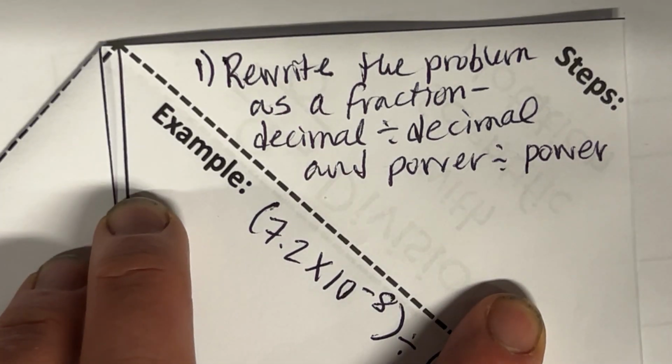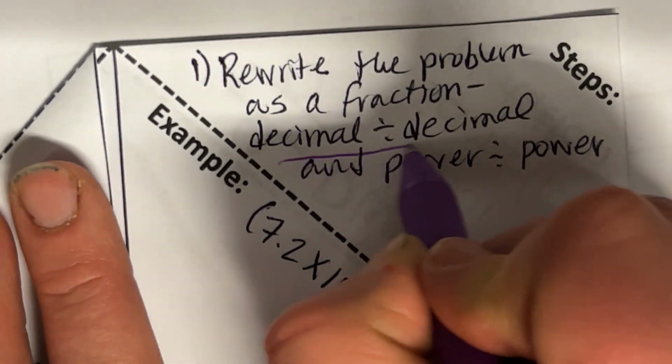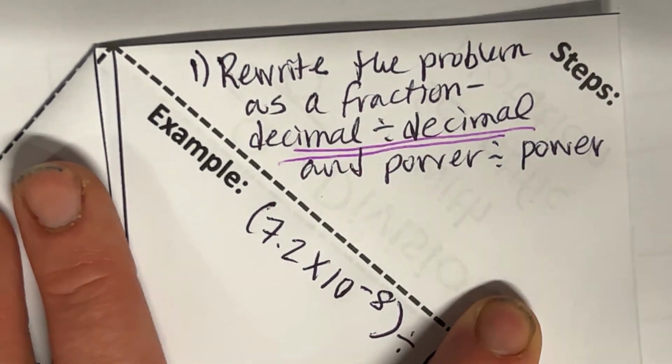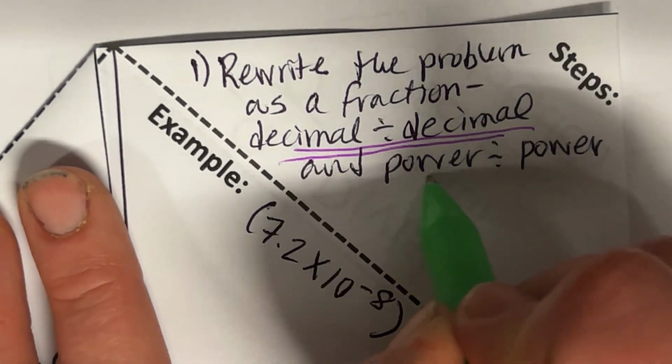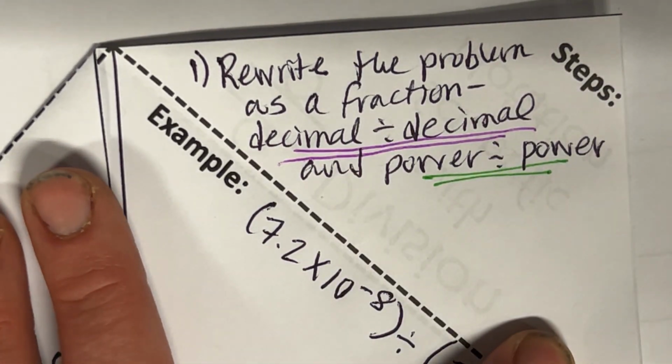I am going to do exactly what I did before and show this work with different color coding. Decimal divided by decimal and power divided by power with different color coding.